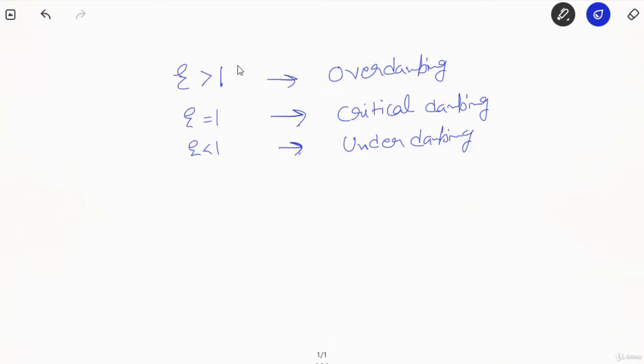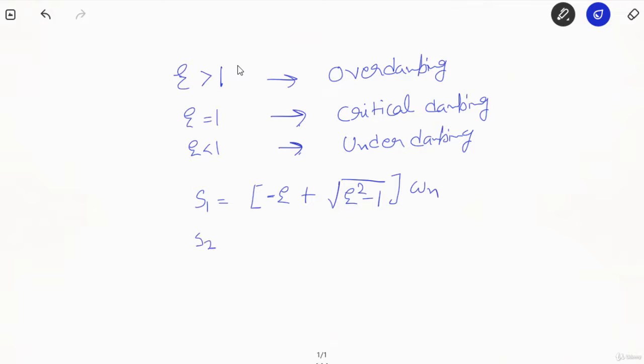Now, on this basis, if we understand this solution, which is given for s1 and s2 as I wrote previously, in terms of J it will be s1 equals minus J plus root J square minus 1 omega n.